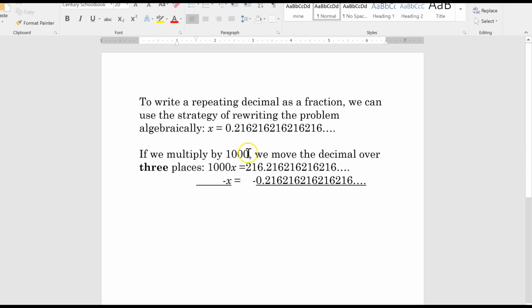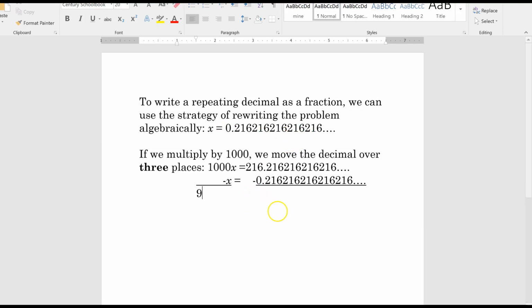So if we multiply by 1,000, that's going to move the decimal over 3 places. So now we have 1,000x, and we have this long number. And I just realized the one that had 100, I still had the 1 place. It's not great that I typed right on top of that. Should have said 2 places.